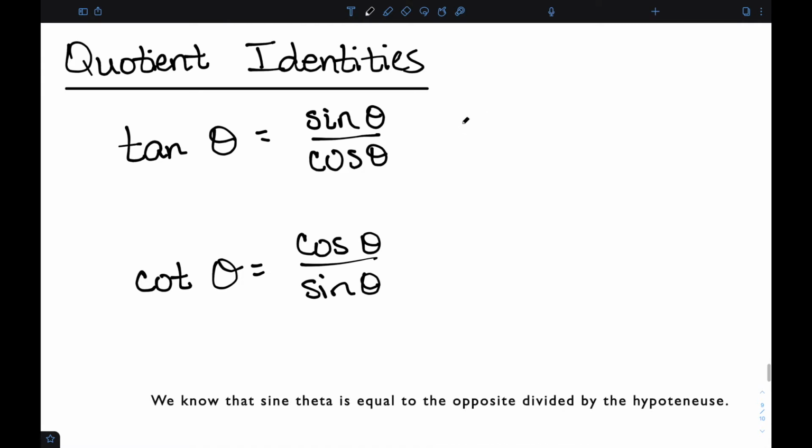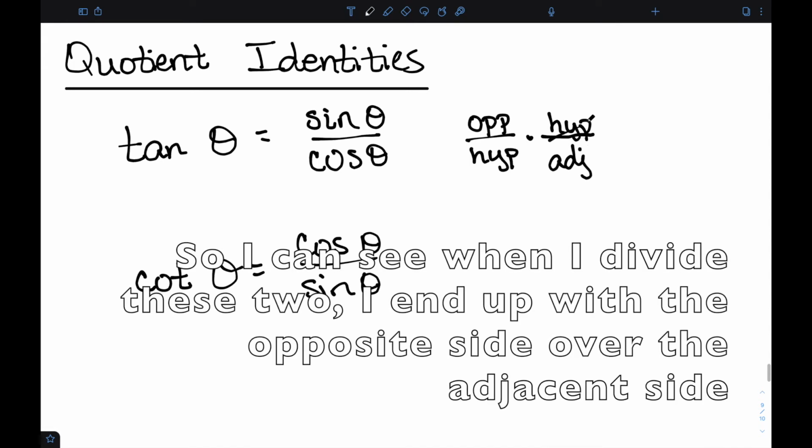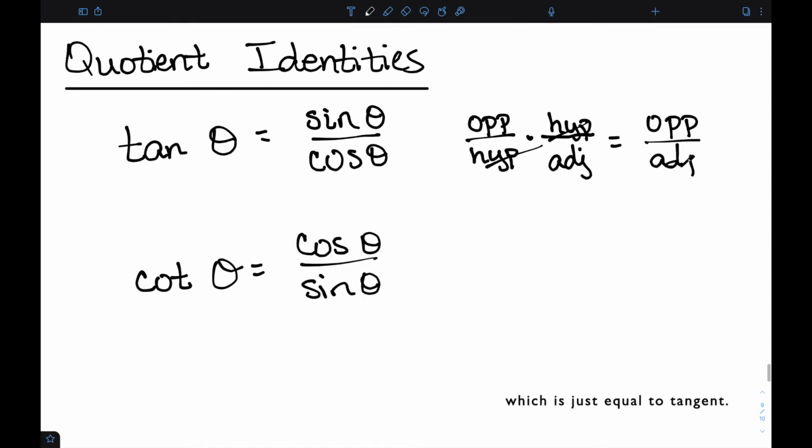We know that sine theta is equal to the opposite divided by the hypotenuse. Cosine is adjacent divided by hypotenuse, but when we divide by fractions, we flip it and multiply. So when I divide these two, I end up with the opposite side over the adjacent side, which is just equal to tangent.